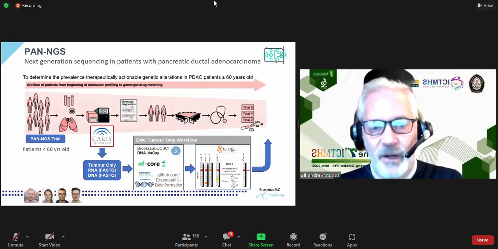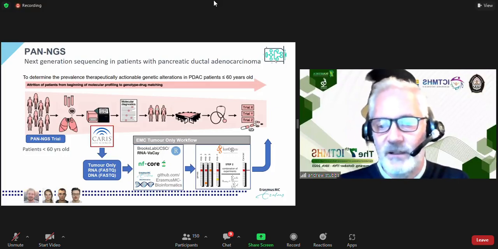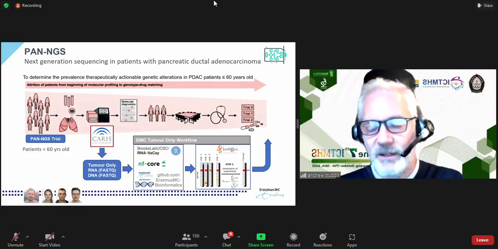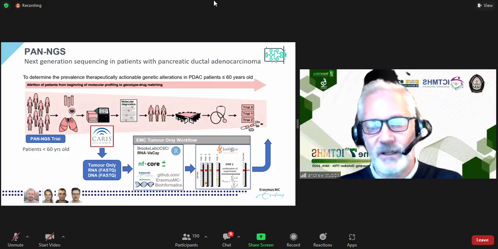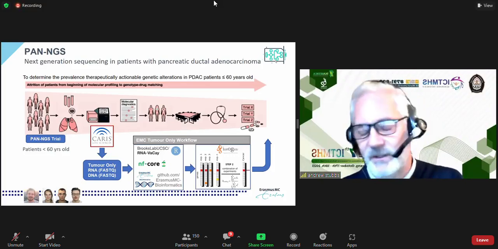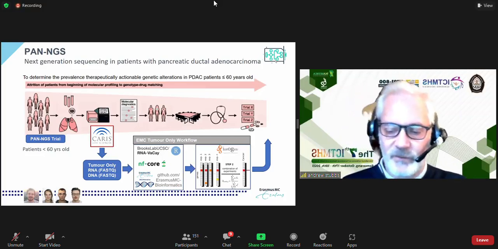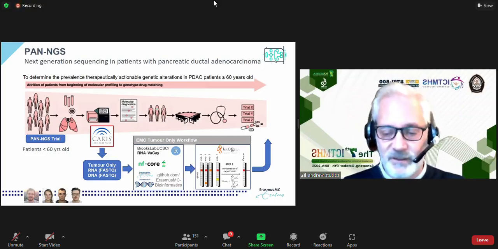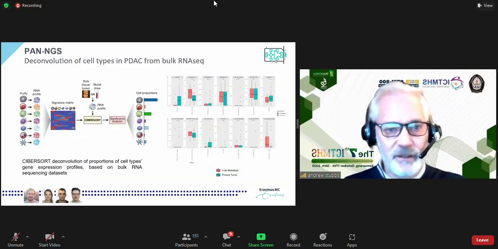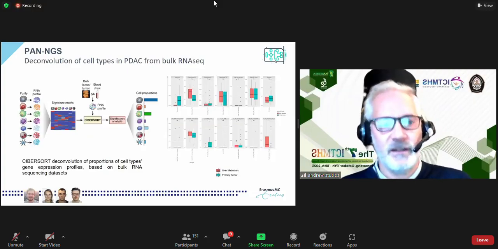We've developed our own pipeline, where it says tumor only workflow, to identify variants in the RNA-seq that are specific to driving that process of carcinogenesis, and actually identify targets which we can focus on with existing drug therapies. This is an ongoing trial, and we will present that work probably at the end of this year or early next year. But within that trial, we're also interested in the immune phenotypes.